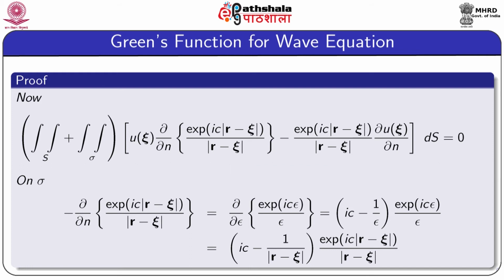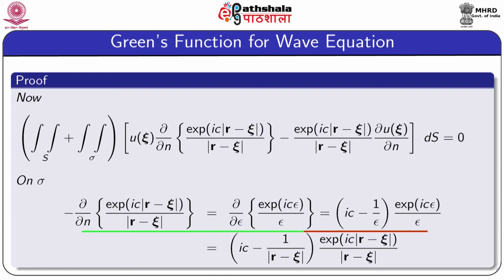Now, for this case on sigma, remember that sigma is the surface of the sphere and we also assume the radius of the sphere is epsilon. So, del n of this expression, n is the outward normal to the surface sigma, so for this case it is del epsilon.